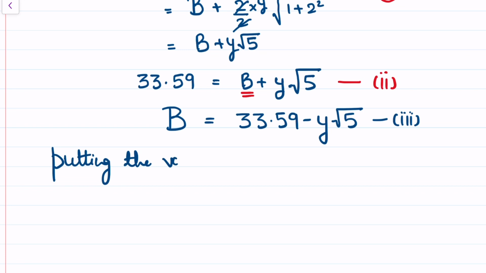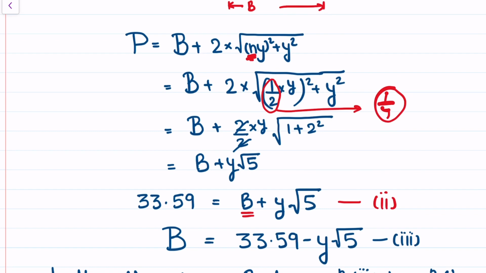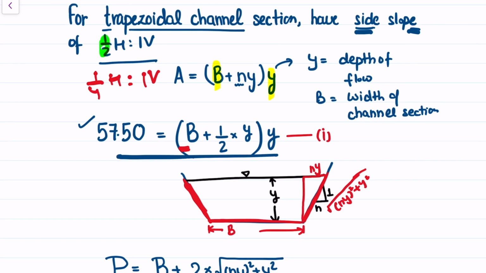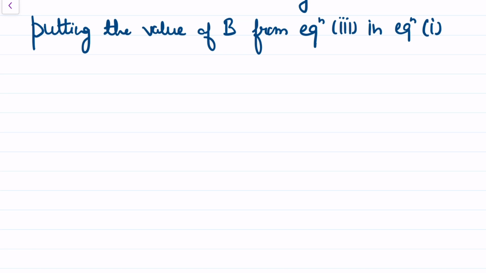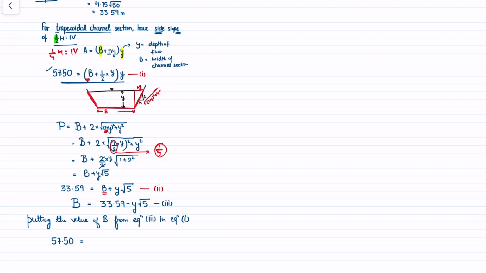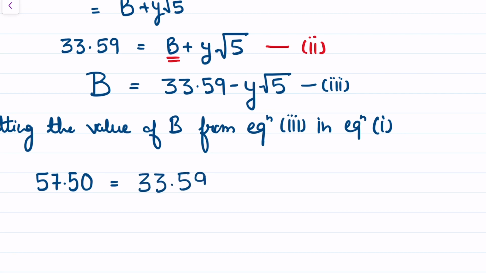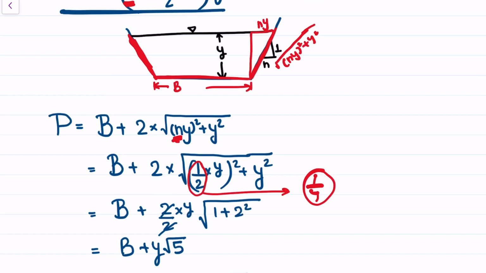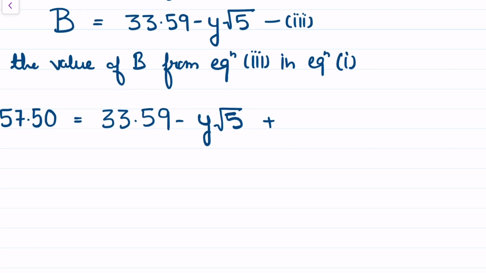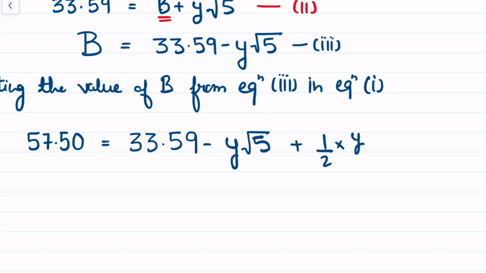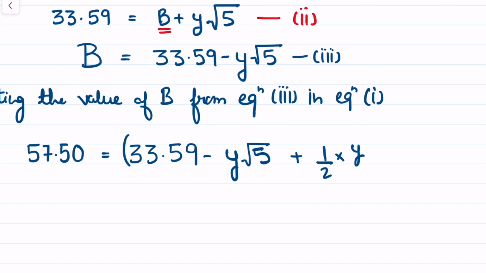Putting the value of b from equation 3 in equation 1, we have 57.50 equals the value of b, 33.59 minus y root 5, plus n, which is half, into y, then multiplied by y.